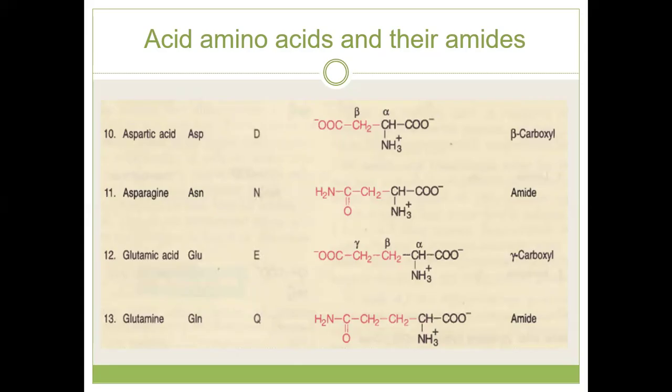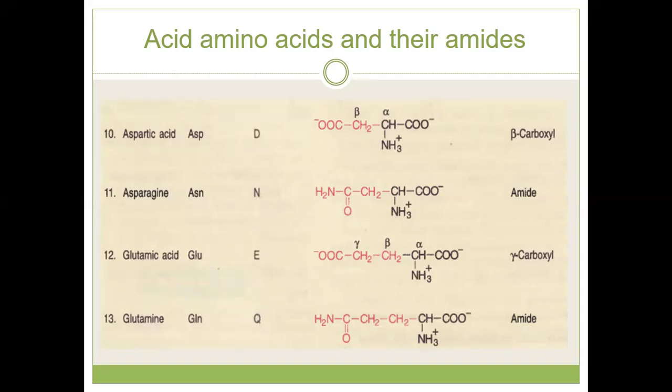What are these acid amino acids? These acid amino acids, you have the basic groups in an amino acid, which contain the carboxyl group, the amino group, hydrogen, and then the R group. Remember this, the first carboxyl group, we call it the primary carboxyl group.